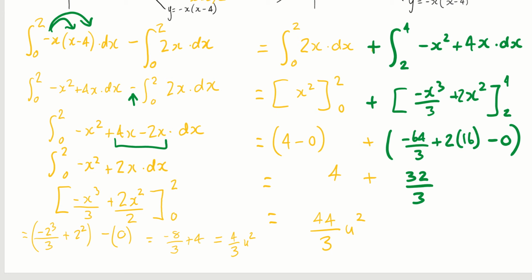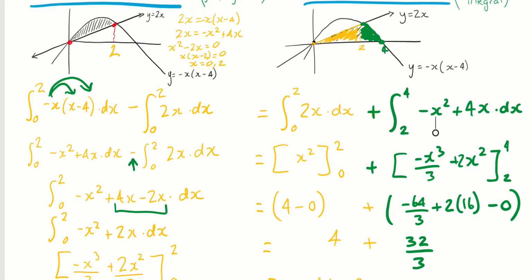Okay, I haven't double checked that working, but hopefully there are no errors there. Subbing it all in off the top of my head, you should end up with 44 on 3 if I've done those calculations correctly. So that's your split method, where you have to do it in a split version because you can't just do the area between them.